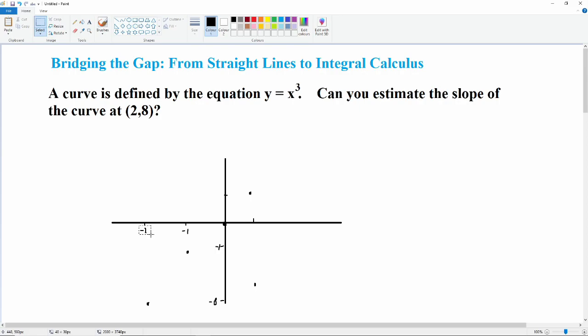If we're going to shorten the y-axis, we need to shorten the x-axis. So negative 2 is going to be really close to the negative 1, and the negative 8 is going to be a long way off. This is going to look very strange. Okay, that's probably a bit better.